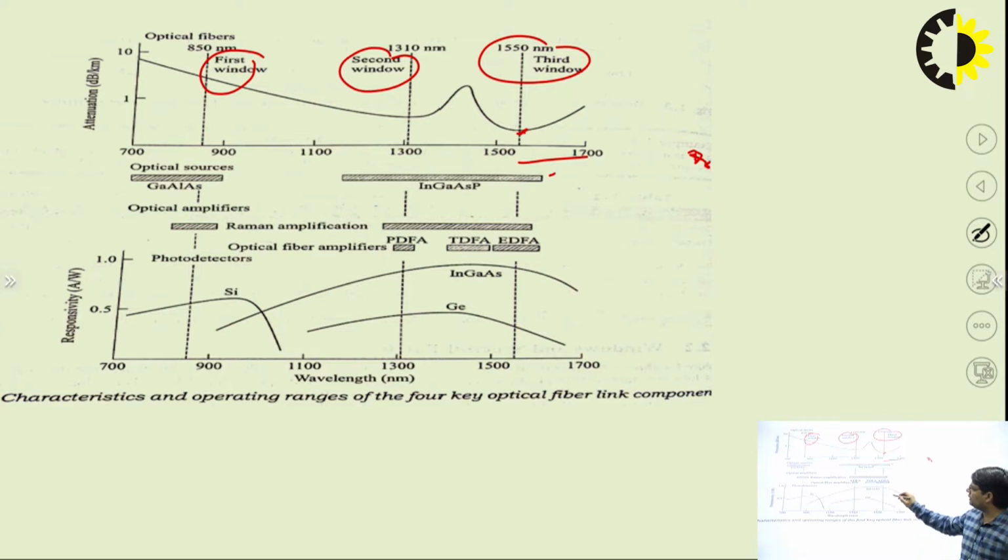In the second part of the diagram, we have shown that when we are operating at window 1, 2 or 3, we have to use either optical sources on the transmitter side, or a photo detector on the receiver side. So which are the materials that can be used for making the photo detectors as well as the LEDs or amplifiers when we are operating on different windows?